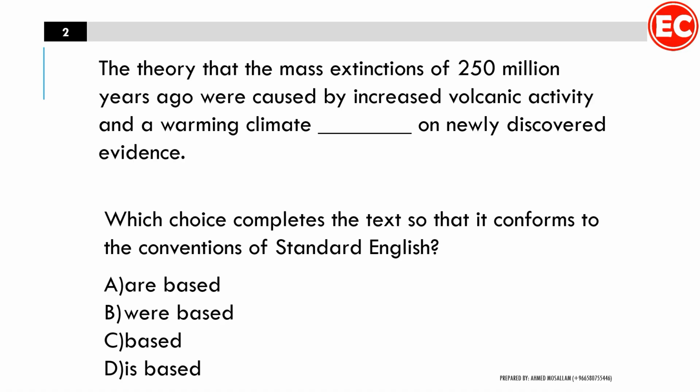Try also to identify where is the subject. We'll move now to the answer. Yes, the theory is a subject, singular, so I'm going to use is based. Why is based? Because it is a passive form. Based is wrong because it will be an active form. There's something else.